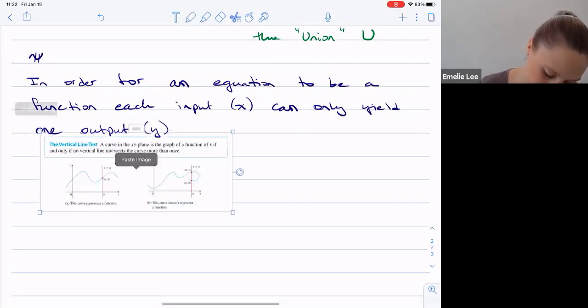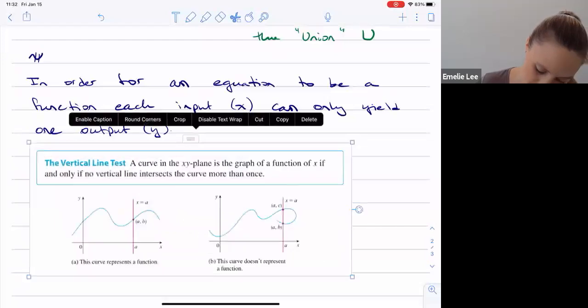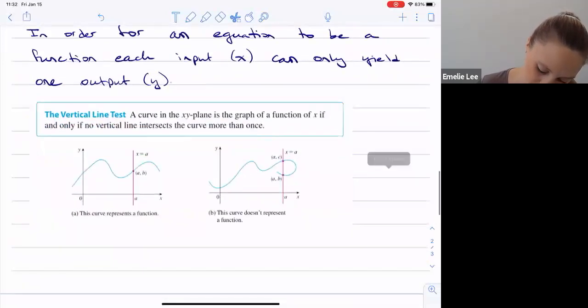So we can check it using the vertical line test.